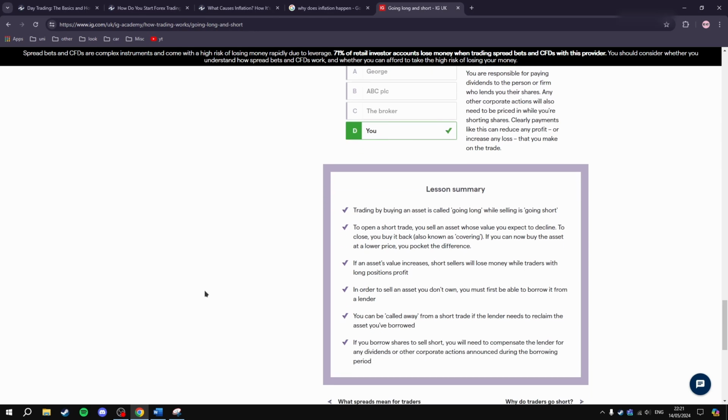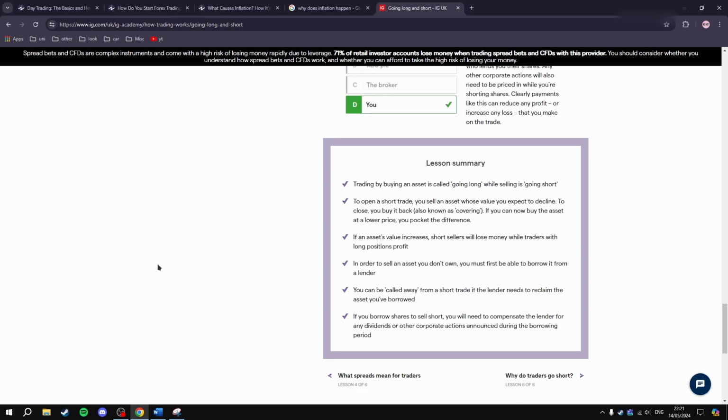Lesson summary. Trading by buying an asset is called going long, while selling is going short. To open a short trade, you sell an asset whose value you expect to decline. To close, you buy it back, also known as covering. If you can now buy the asset at a lower price, you pocket the difference. If an asset's value increases, short sellers will lose money while traders with long positions profit.